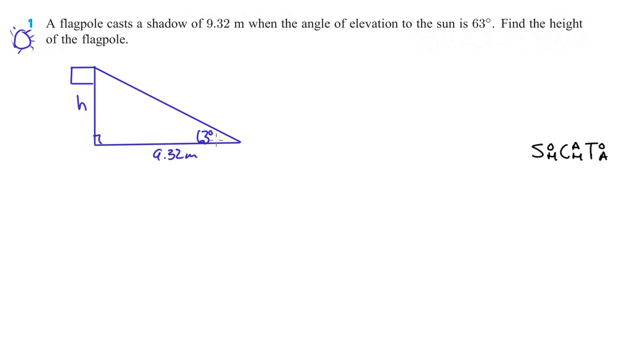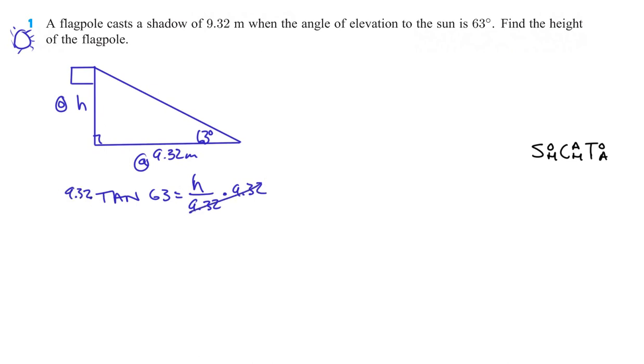So from this angle, that's the hypotenuse. This is the opposite. And this is the adjacent. So to figure out this height here, we're going to need to use tangent, right? Because adjacent and opposite is tangent. So tangent 63 is going to equal h over 9.32. So multiply both sides by 9.32.